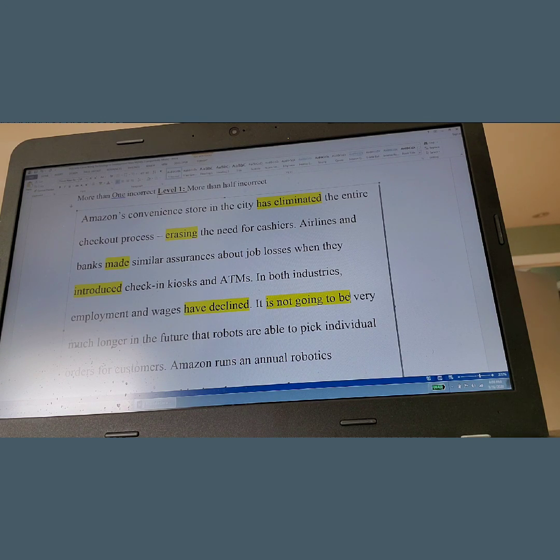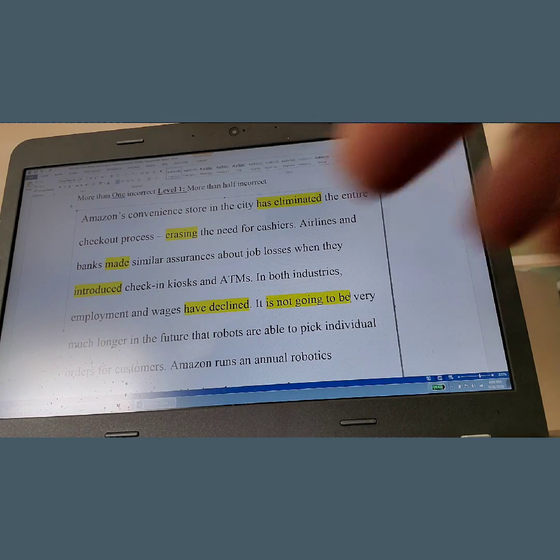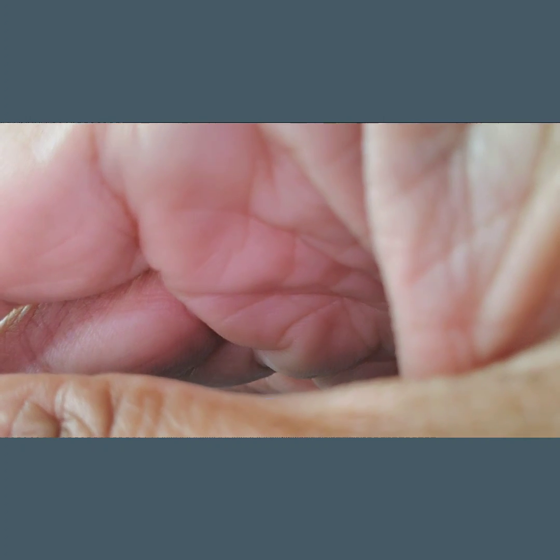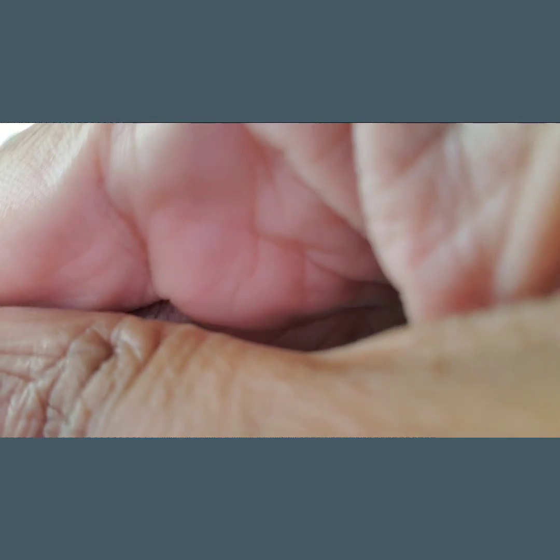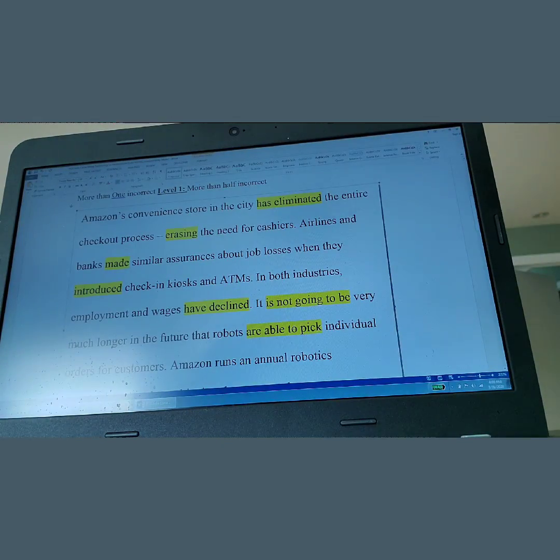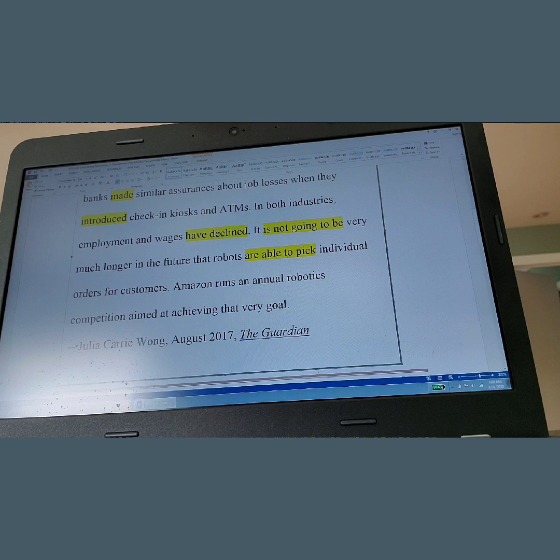It is not going to be very much longer in the future that robots are able to pick. All right. And we're going to highlight that. So are able to pick individual orders for customers. Okay. And then last but not least, Amazon runs an annual robotics competition aimed at achieving that very goal, right?